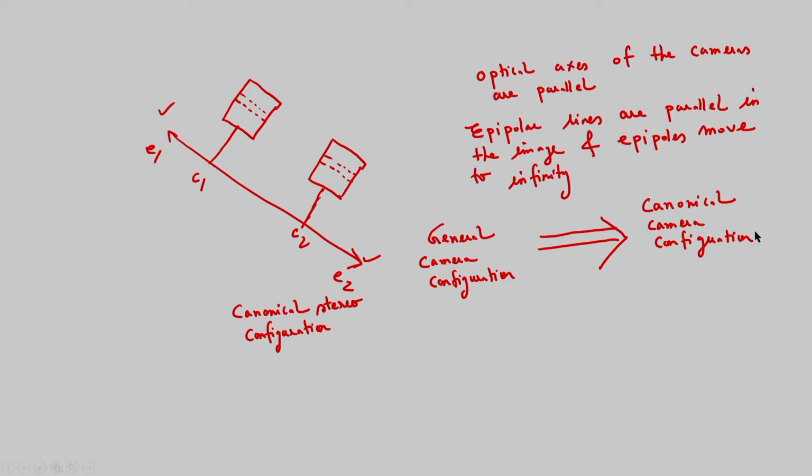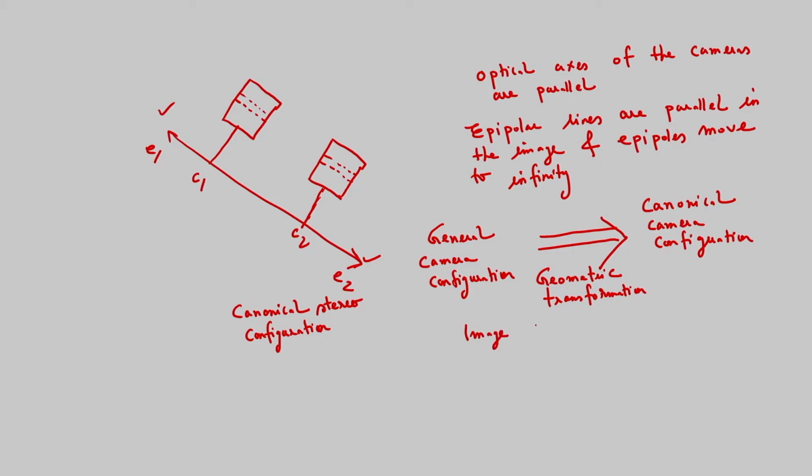By using some geometric transformation, I can convert the general camera configuration into canonical camera configuration.